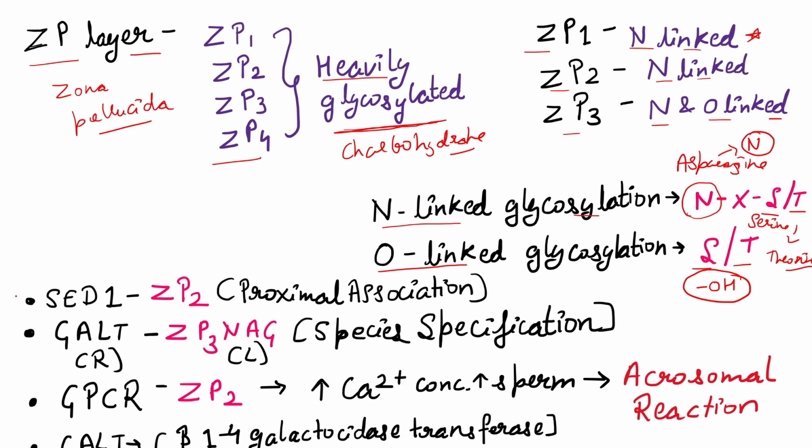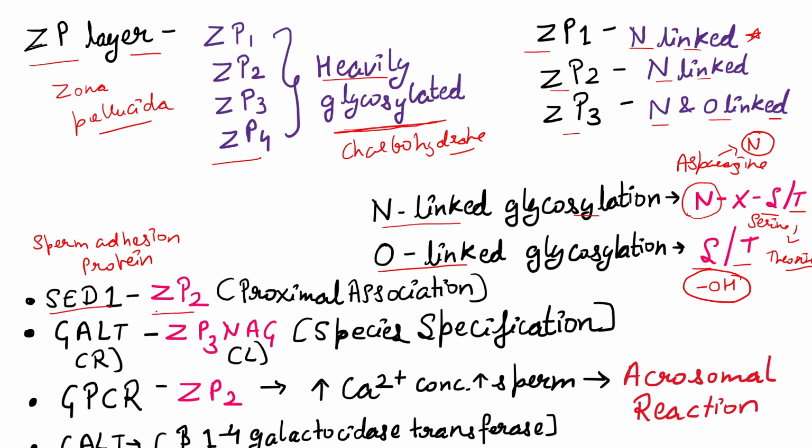So coming towards the interaction part. Z1 interacts with ZP2, that is proximal association, the very first association. And what is Z1? Z1 is a sperm adhesion protein.